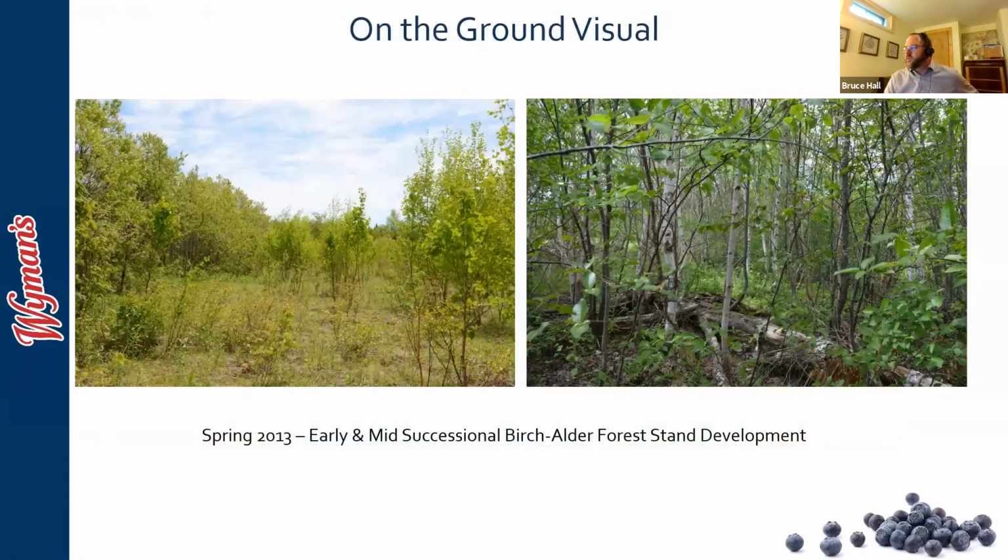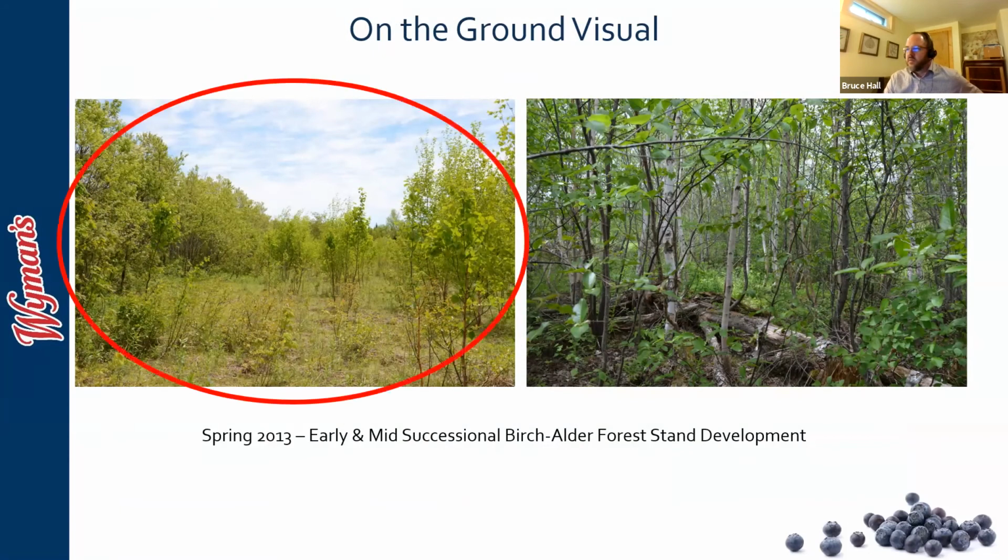Habitat on the ground. These are on the ground pictures from the spring of 2013. You're looking at early and mid-successional birch alder forest stand development here. With time, the photo on your left, which is the early succession patch, is just going to continue to infill to the point where it looks more like the mid-successional stand on the right. And so for us, we said, well, hey, what's easiest to do?